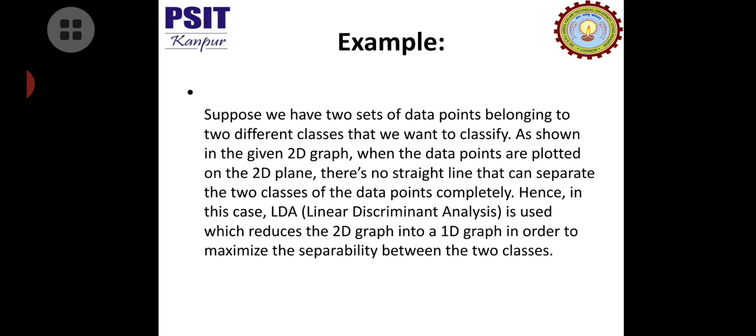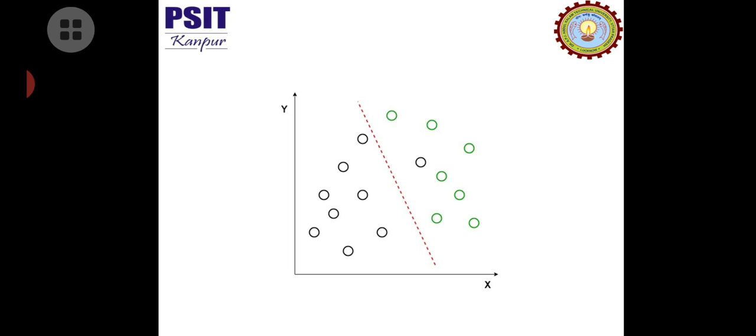So now the problem is clear. When you want to separate two or more classes, it is actually not possible to separate them this way, right? So we need some technique, and that technique is LDA. LDA is basically used to reduce your 2D graph into a one dimension graph. You can see this diagram is on a 2D plane.